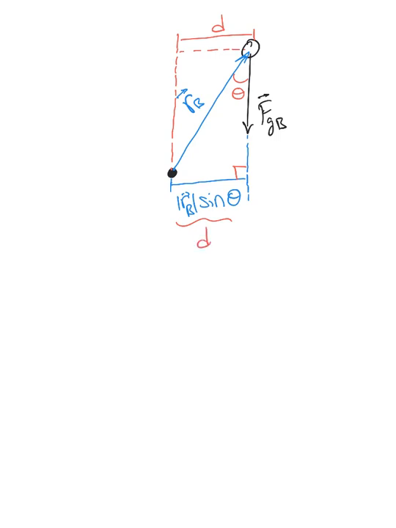So it turns out that the torque due to the ball has a magnitude of d, the distance that we are looking for, times the force of gravity on the ball, right? Because this is the magnitude of the ball's radius times the magnitude of the force of gravity on the ball times the sine of theta.